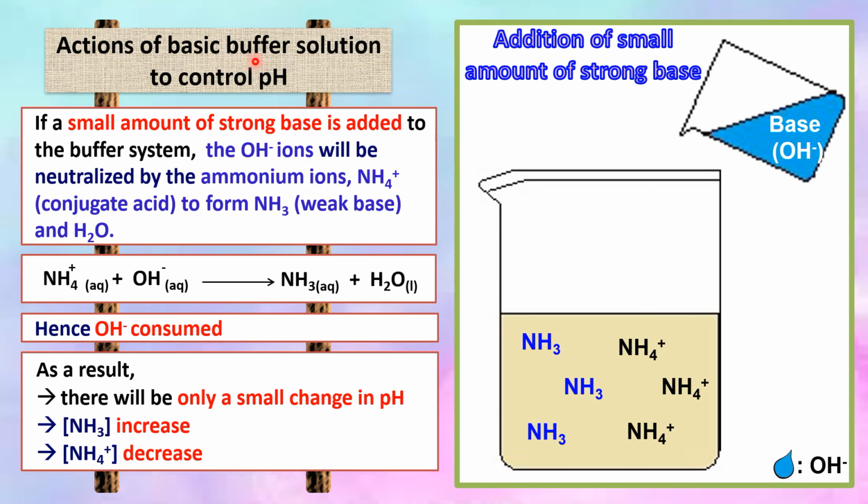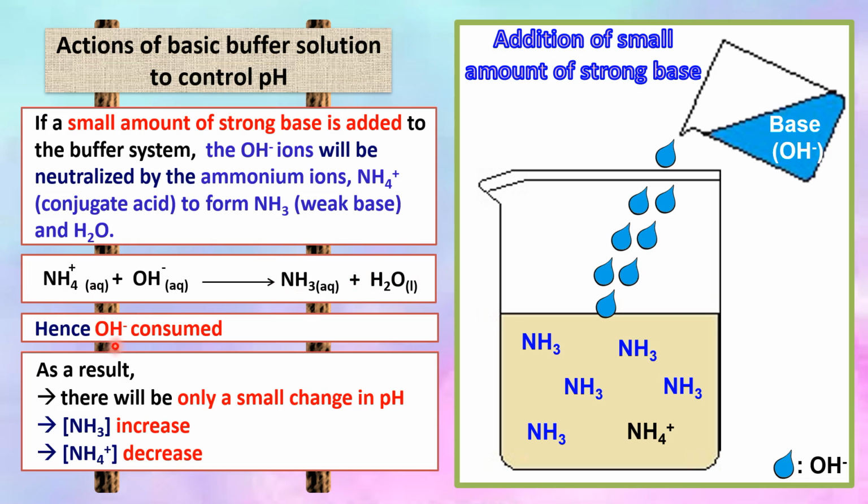How does a basic buffer solution control its pH when a small amount of strong base is added? If a small amount of strong base is added to the buffer system, the OH minus ion will be neutralized by the ammonium ion, that is the conjugate acid, to form ammonia, the weak base, and water.